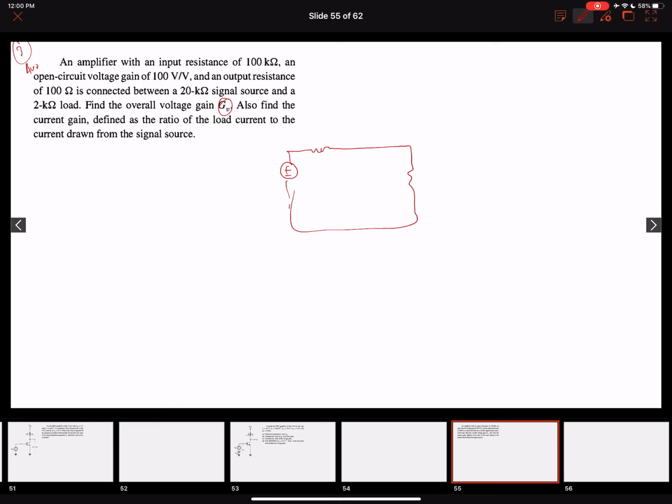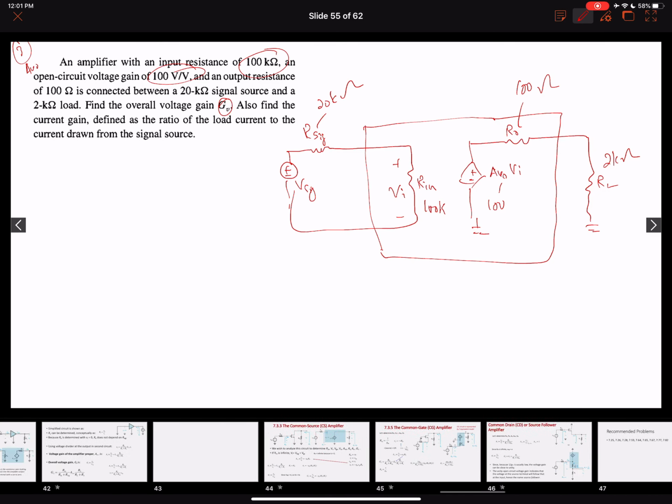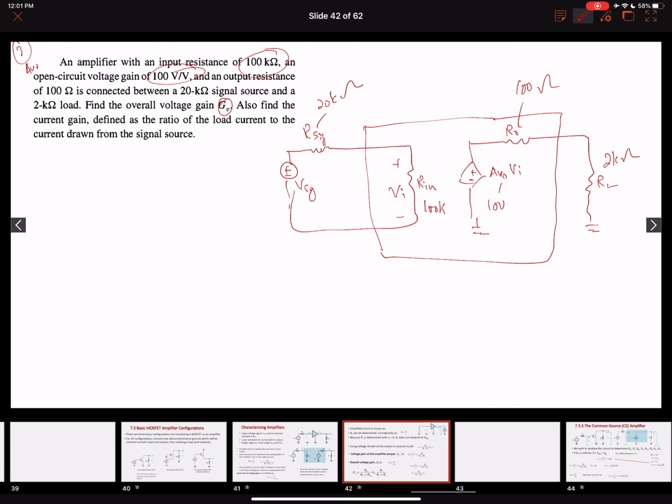So the first thing that we need to do is find the overall voltage gain. Again, we can simply use the equation that we derived earlier. We already have the values of Rn, R signal, RL, R naught, and AV naught, so we can put the values in this equation and find the answer.